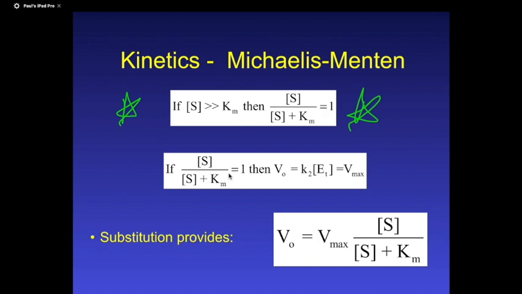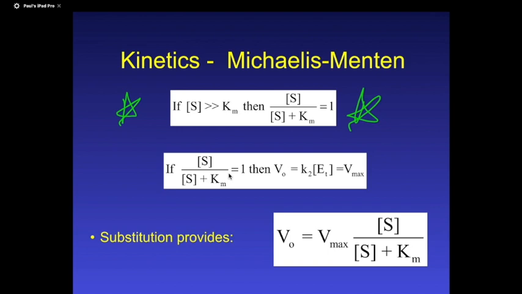If by chance the substrate is much greater than the Km, let's say the substrate concentration is 1,000 and the Km is 1, then you get 1,000 on top divided by 1,000 on the bottom plus 1, that equates to approximately 1.